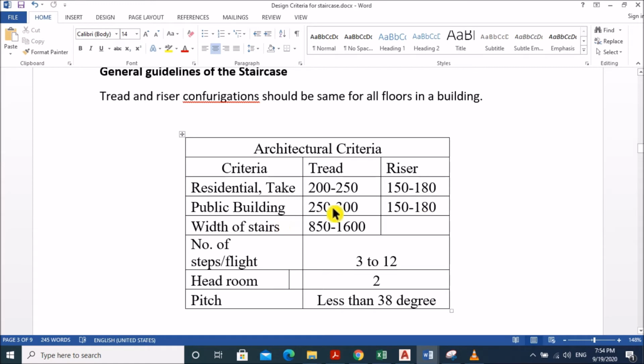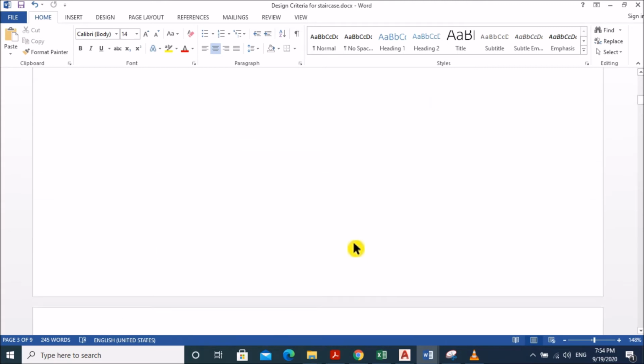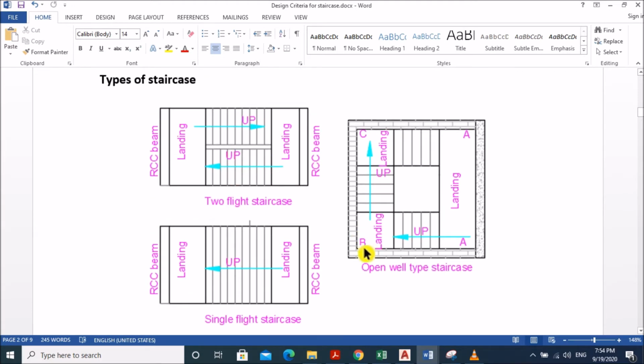For public buildings, the tread should be between 250 to 300 mm, and riser should be 150 to 180 mm. The width of the stairs should be a minimum of 850 mm and a maximum of 1600 mm. This is the width of the stair, right? It should be a minimum of 0.85 and a maximum of 1.6 meter for all types of staircase.